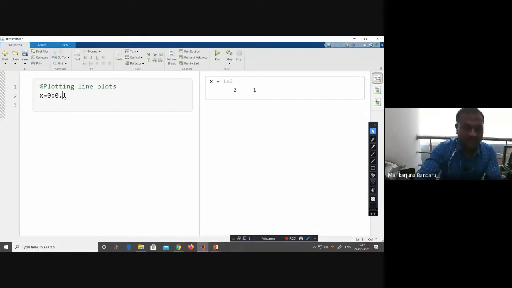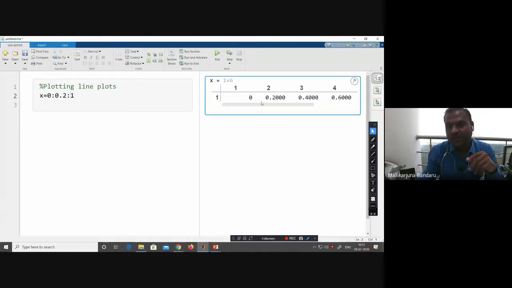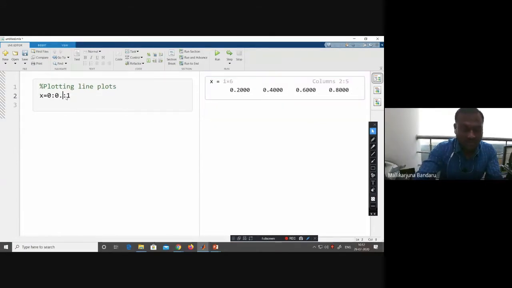Now observe here: 0, 0.2, 0.4, 0.6, 0.8, and 1. Or if you'd like, you can also change it to 0.1, like that.